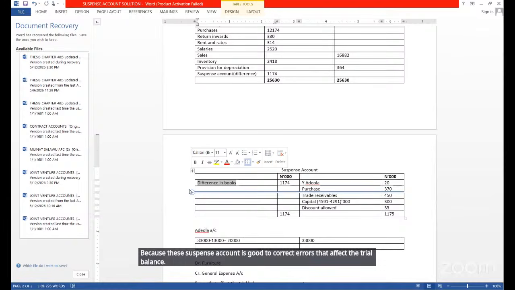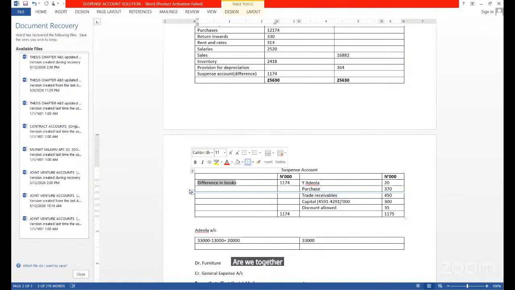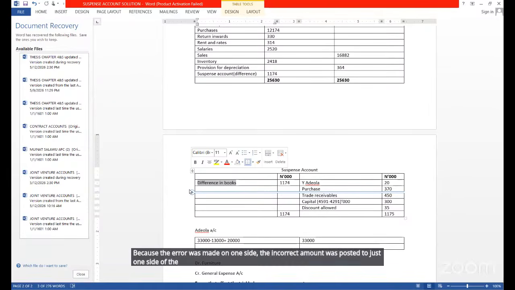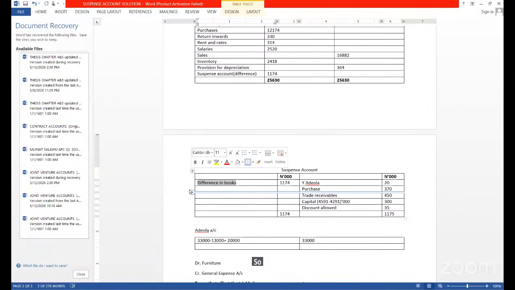This error would have affected the trial balance because it was made on one side. The incorrect amount was posted to just one side of the books. So we would be debiting Adeola and crediting the suspense account.